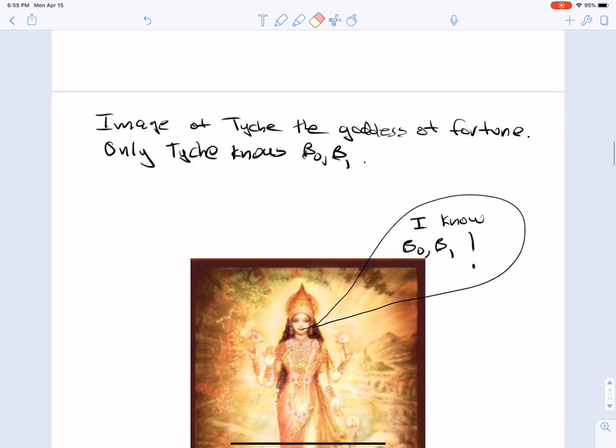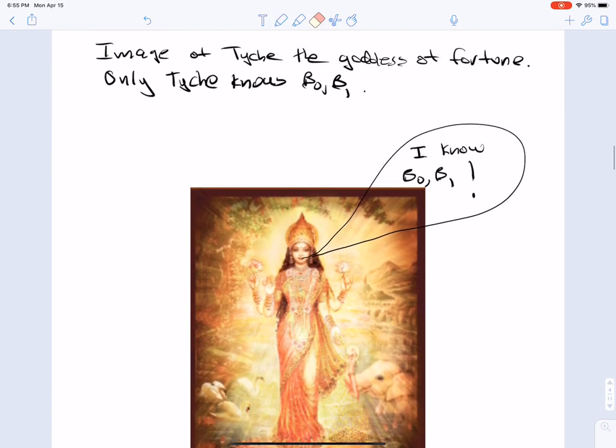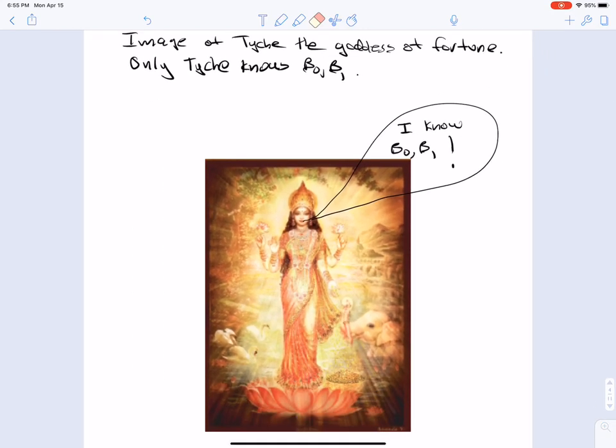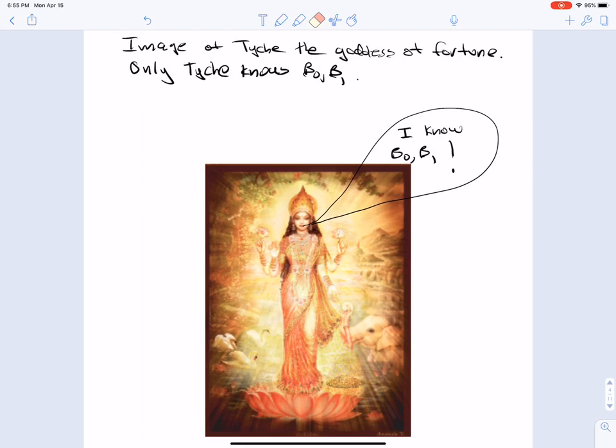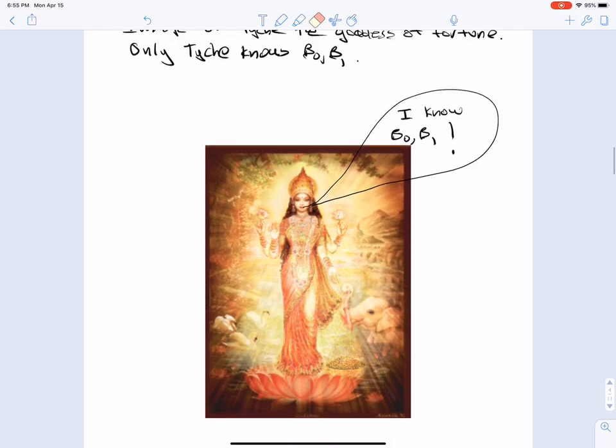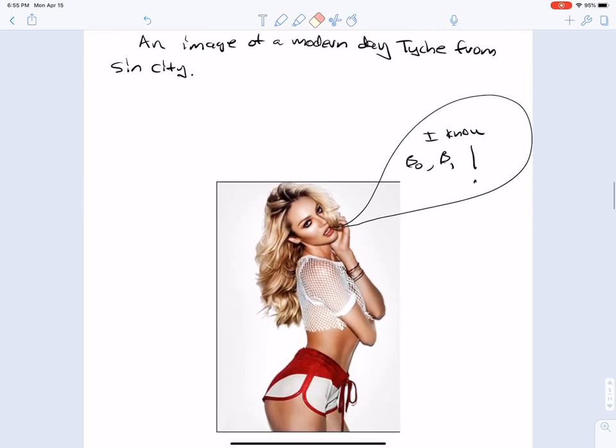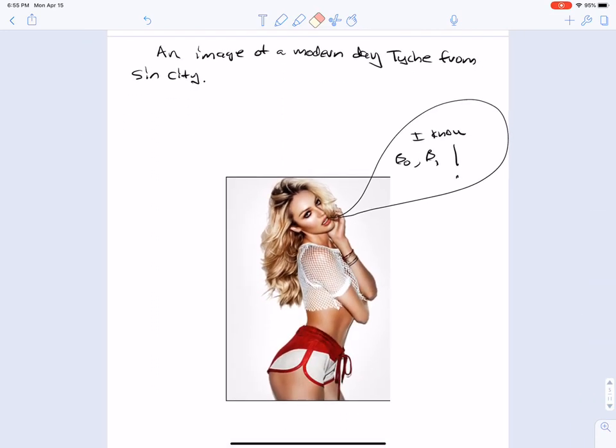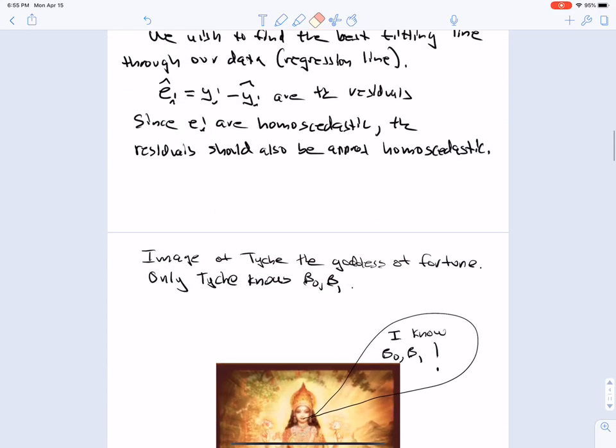So who is Tyche? Well, Tyche is the goddess of fortune, and only Tyche knows what beta 0 and beta 1 are. Now, there is a modern day Tyche who lives in Sin City. This is the other Tyche, and you can find her on the internet if you like, and you can hold an image of either Tyche, whichever suits you.